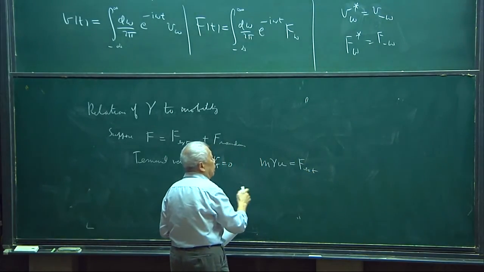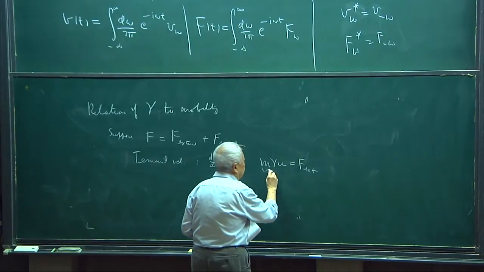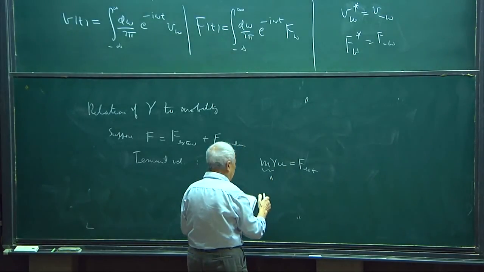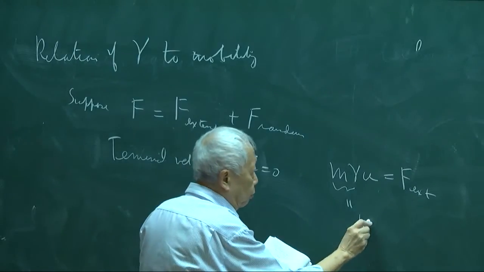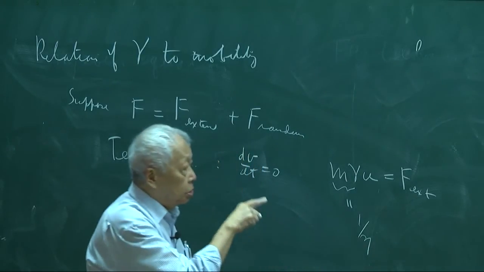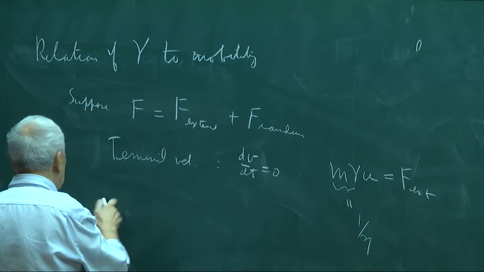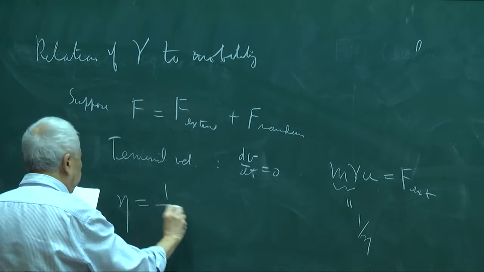This dv/dt is 0, and therefore this by definition is equal to 1 over the mobility, because u is eta times F, and therefore the mobility eta is 1 over m gamma.